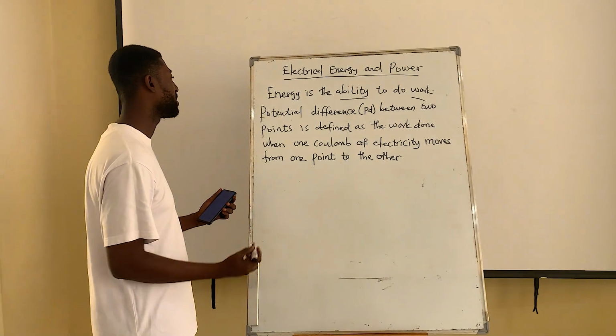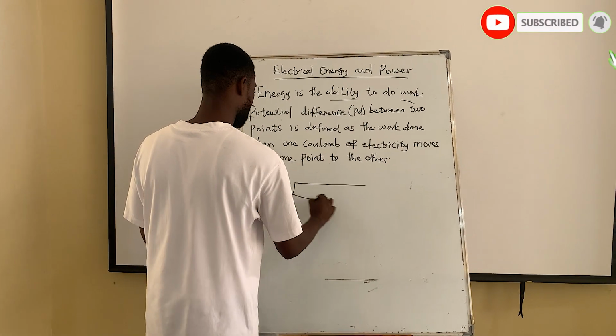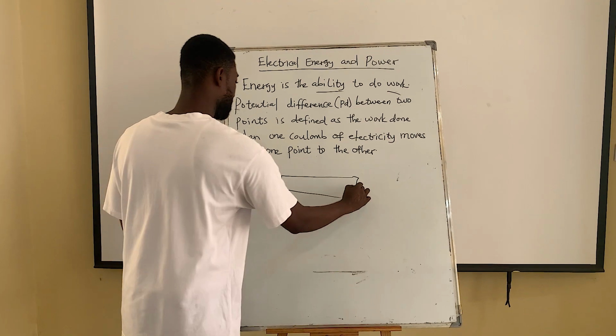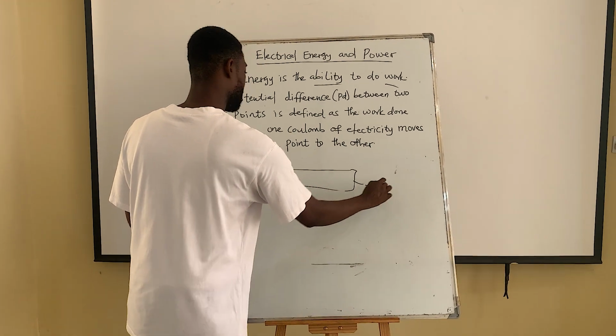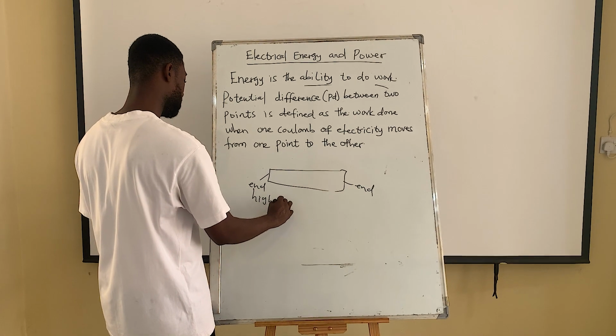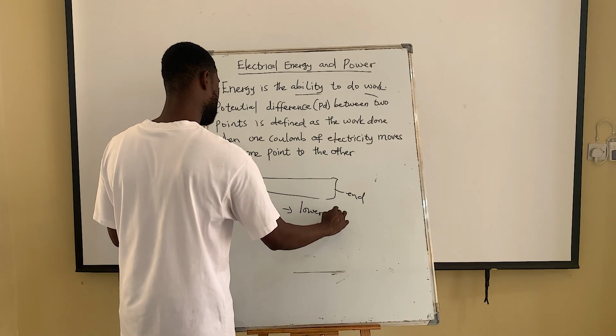Now let's look at potential difference. Remember, we said if you have a conductor, this is one end, and this is the other end, and charges will flow from a higher potential to a lower potential.